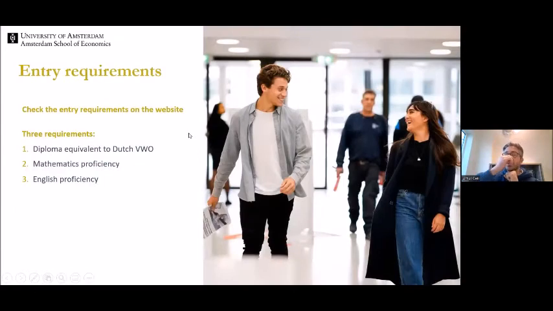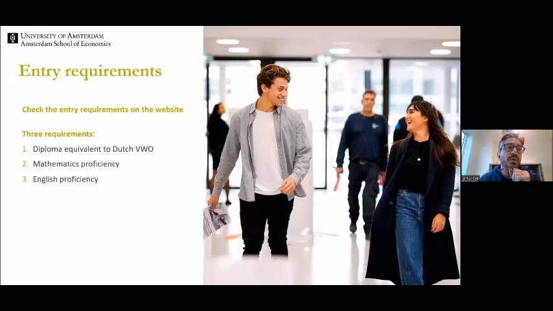The entry requirements obviously change depending on which country you are applying from. There are details on our website, but essentially the three important requirements are that you have a high school diploma, which is equivalent to the Dutch VWO, the highest level of a Dutch high school diploma.